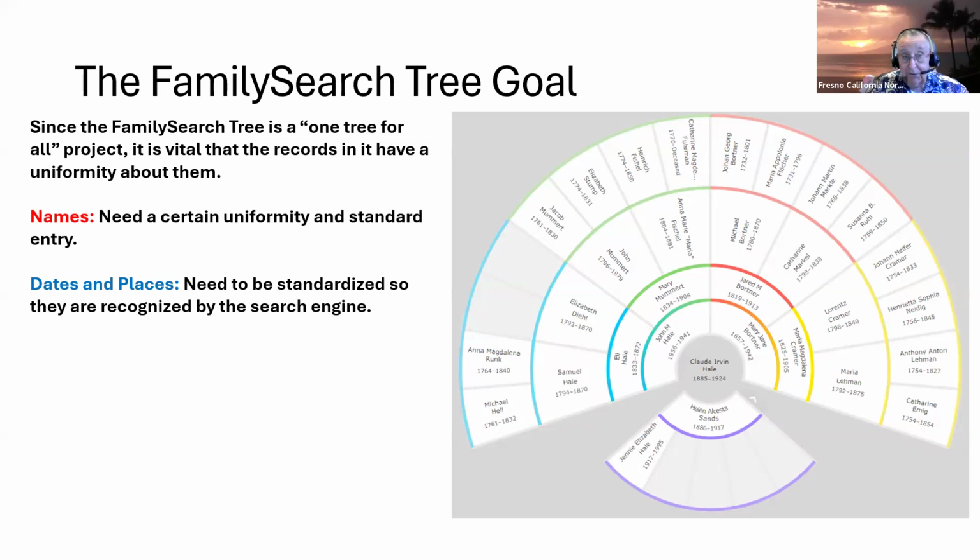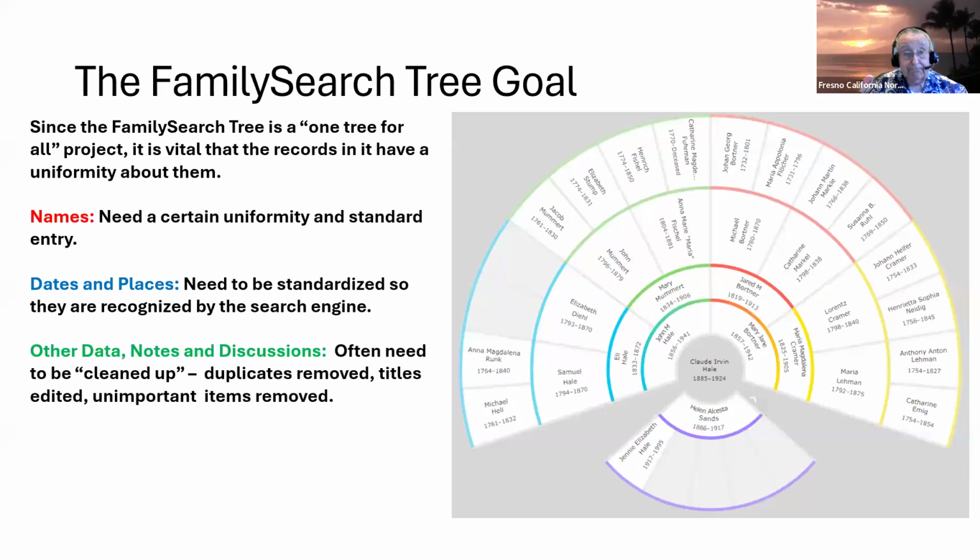For dates and places, we have what we call standardization, and they need to be standardized so that they can be identifiable when you're looking for the people or when the system is looking to see if there are duplicates out there, because the system works much better with dates and places that have been standardized. For a lot of patrons, I think they look at it and say, this is just a waste of time. It just means more clicks and more things we have to do, when in fact, it's trying to help the system work better.